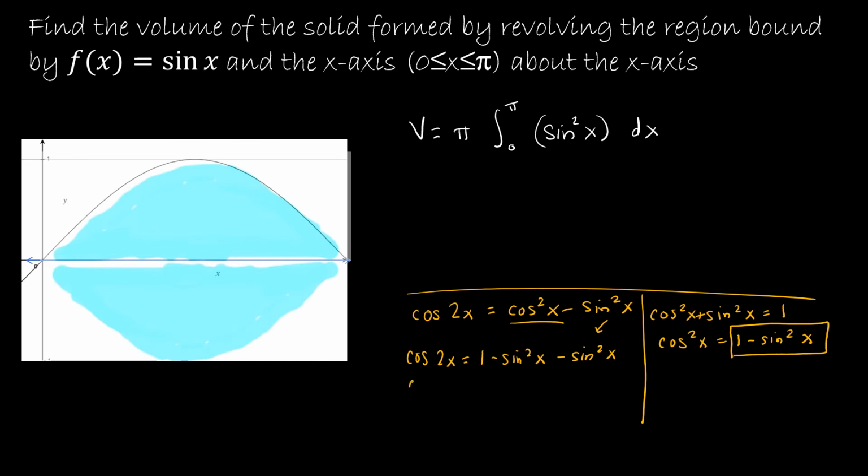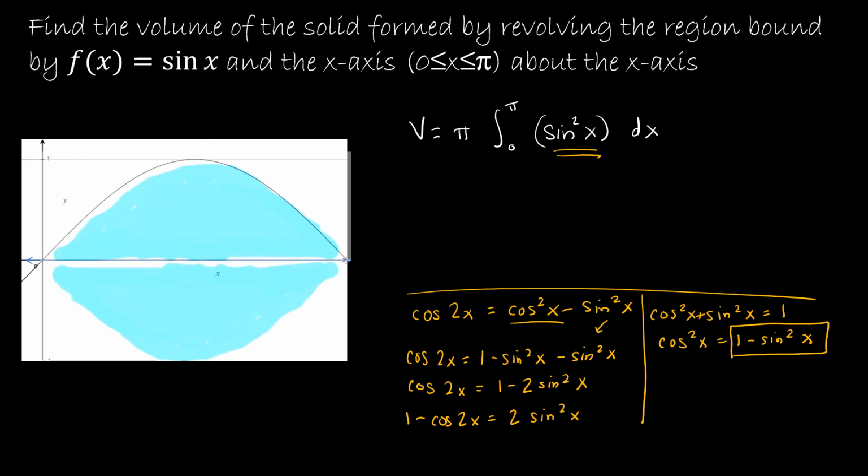So reducing this a little bit, cosine of 2x is equal to 1 minus 2 sine squared x, because there are two of them. And now, because I want to get sine squared x by itself, I'm going to end up with 1 minus cosine of 2x is equal to 2 sine squared x.